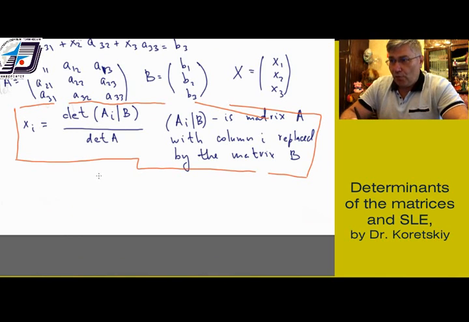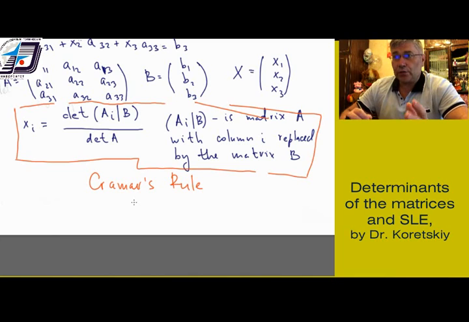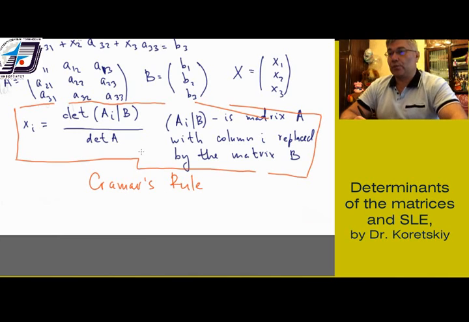And this formula is named Cramer's rule. Cramer's rule enables you to calculate the roots of a system of linear equations using determinants of matrix A and A with a replaced column.